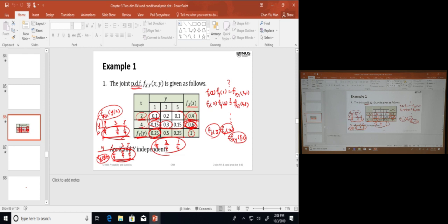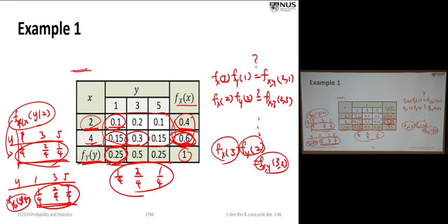All right. Is it true that... how about... what is this value? The probability function, evaluate at x equal 3 and y equal 4. What is the value?